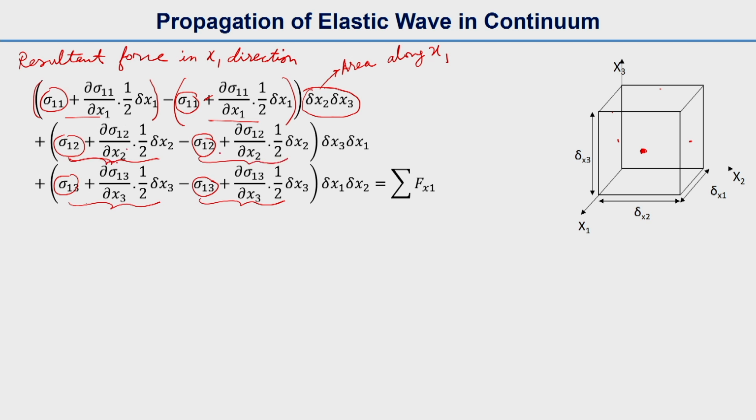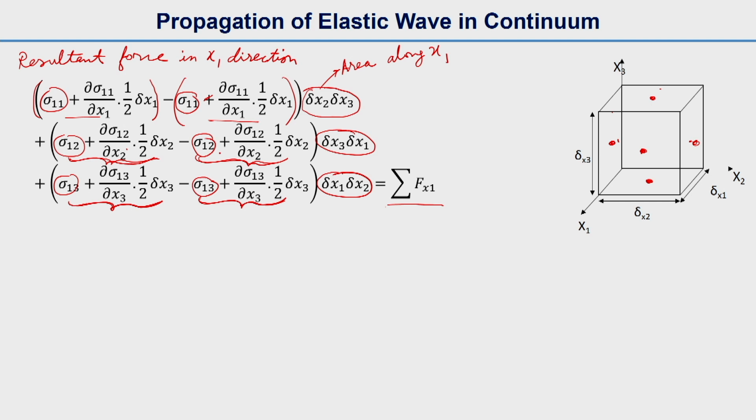So this term is on the right hand side face and this term is from the left hand side face, and then the second last term is on the top face, and the last term of the stress is from the bottom face. So now we multiply the area, and that is equal to the summation of all the resultant forces in x1 direction. So we want to simplify this equation.